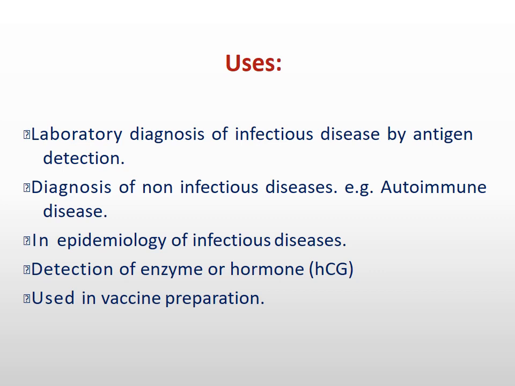They can be used to diagnose infectious disease as well as non-infectious disease like autoimmune disease, because here our own antigen is treated as non-self or foreign. It also helps us study the epidemiology of infectious disease, and detailed knowledge of antigen is very necessary for proper vaccine preparation. Okay.